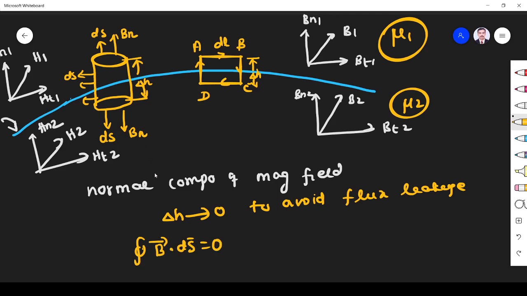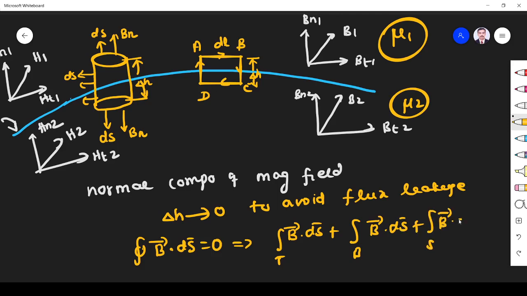I apply this Gauss law for magnetic field to the Gaussian pillbox to find the magnetic normal component. So it is a surface integral. I split the surface into three components: top surface B dot ds plus bottom B dot ds and side surface B dot ds is equal to 0.